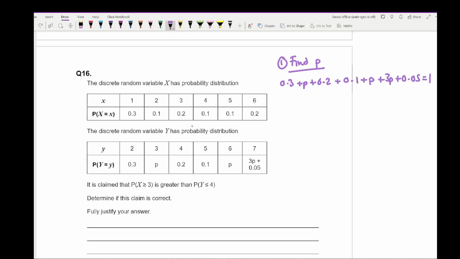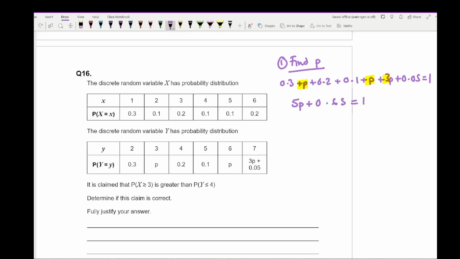1. So then all we need to do is simplify all of this. Adding up the p's, we've got 5p, and then adding all the probabilities, I've got 0.3 plus 0.2 plus 0.1 plus 0.05, and we get an answer of 0.65.